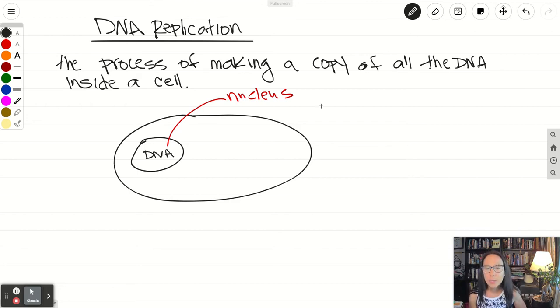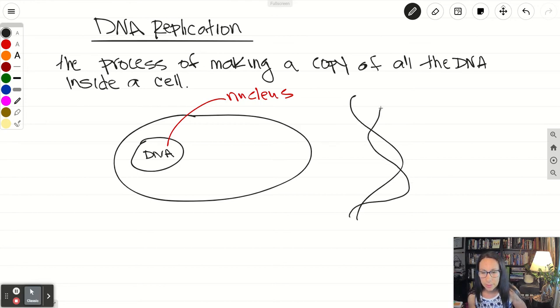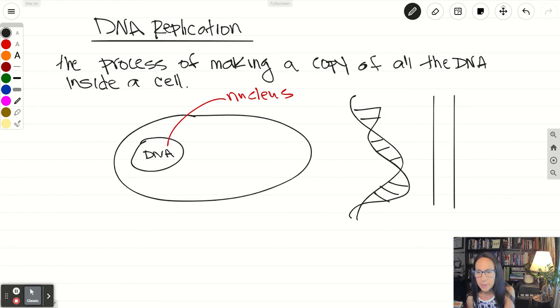And so I want to point out that in the previous video, we talked about DNA being a twisted ladder like this. And so it has rungs on the ladder. And so let's just say, for example, if we straightened it out and I were to write some nitrogenous bases on here just to give you an idea of what we're talking about. Let's say I have an A here and that binds to a T here.